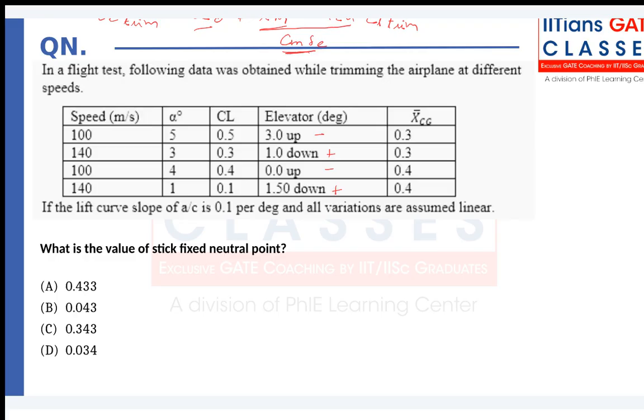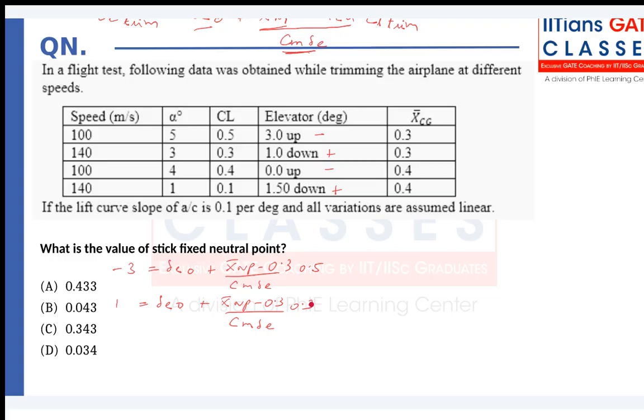I'll take each set of equations. The first case is minus 3 equals delta E naught plus x bar np minus 0.3 by cm delta E into 0.05. Next is 1 equals delta E naught plus x bar np minus 0.3 by cm delta E into 0.03.